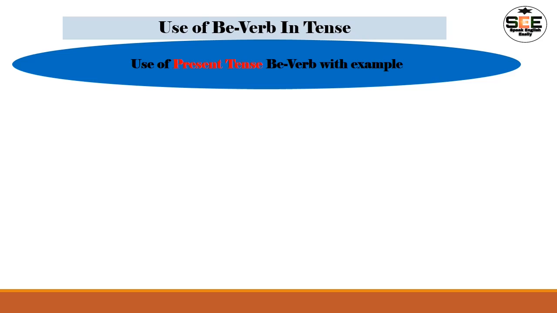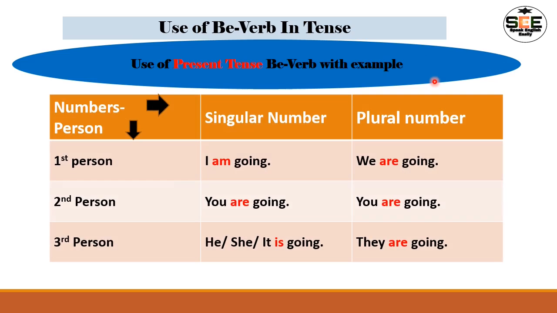Here we can see that use of present tense be-verb with example. Let's see the table. In this table also indicating the arrow marks numbers, it may be singular number or plural number, and below it is indicating with the arrow person, first person, second person and third person, right?